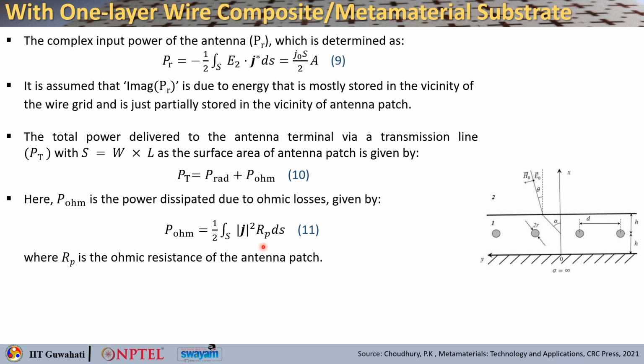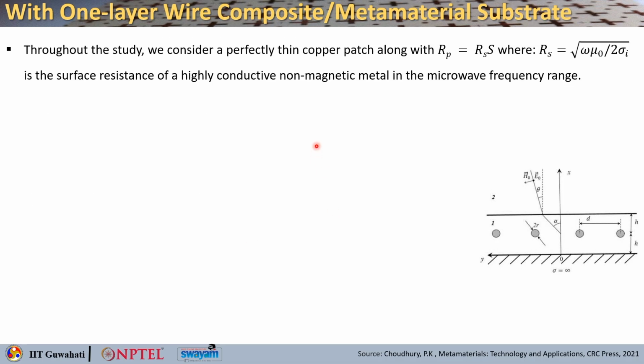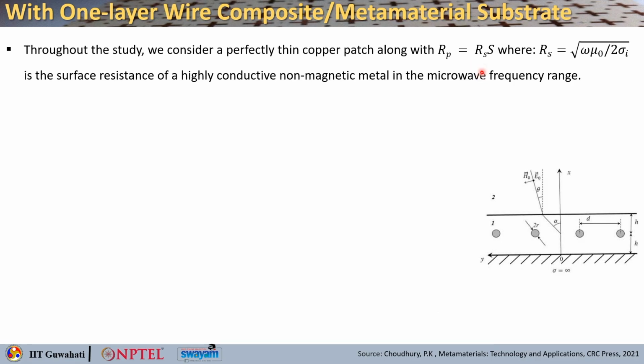So, this is typically nothing but I square R, okay. I is what you are calculating by taking the surface integral of the current density, right. Now, throughout this study, we consider a perfectly thin copper patch along with Rp, which is the ohmic resistance that you have seen, given as Rs times S.